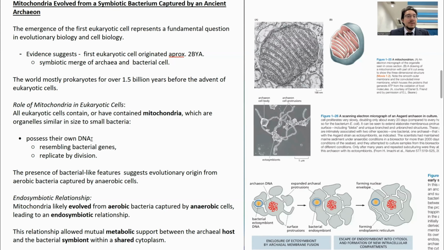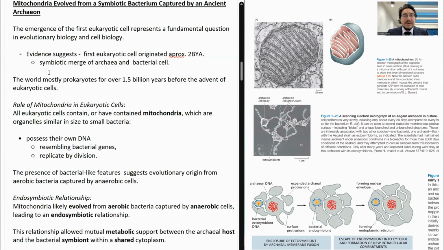So, the emergence of the first eukaryotic cells, this is quite interesting, does represent a fundamental question in evolutionary biology, in biology in general, in particular cell biology. How did the first eukaryotic cell come about?